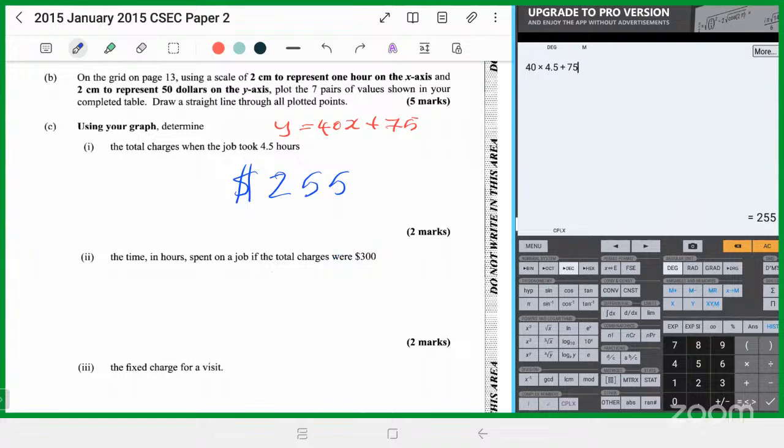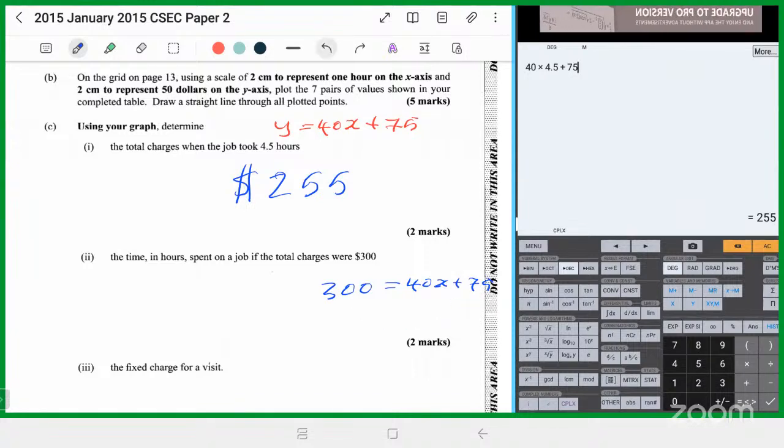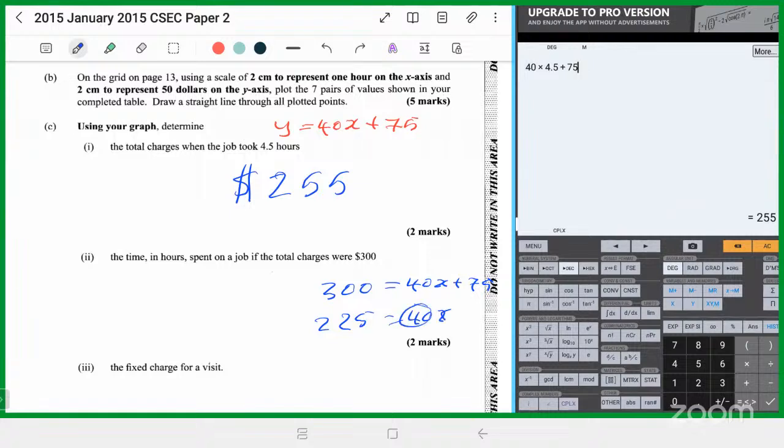Next one, the time in hours spent for a job that costs $200. So again, I can calculate it by putting y equals 200. In this case, it will be 200 equals 40x plus 75. Subtract the 75 first, and I get 225. 225 equals 40x. Then divide by 40.